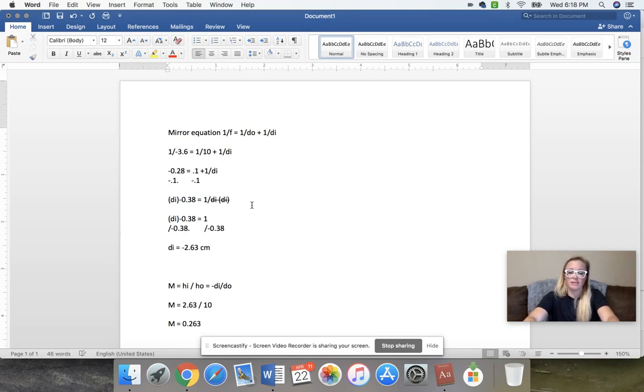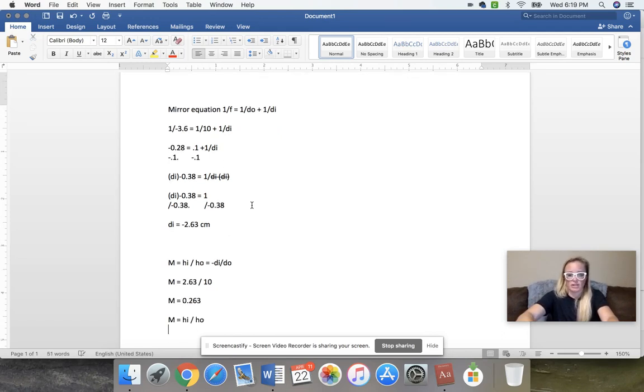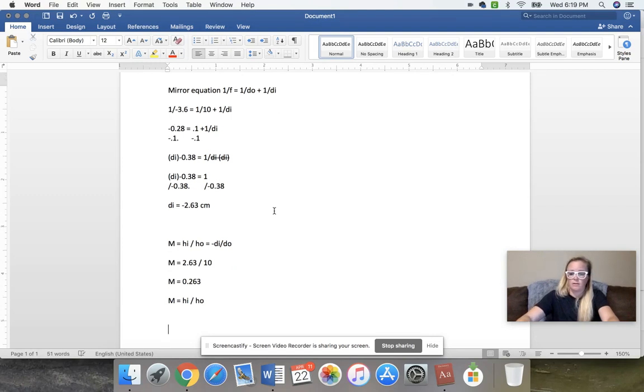If we want to know the exact size of it, that's fine. We could do magnification equals image height over object height. So we plug this 0.263 in for our m, and our image height, that's what we're solving for, divided by our object height, which I made 2 centimeters high. Since it's divided by 2, I'm going to multiply by 2.